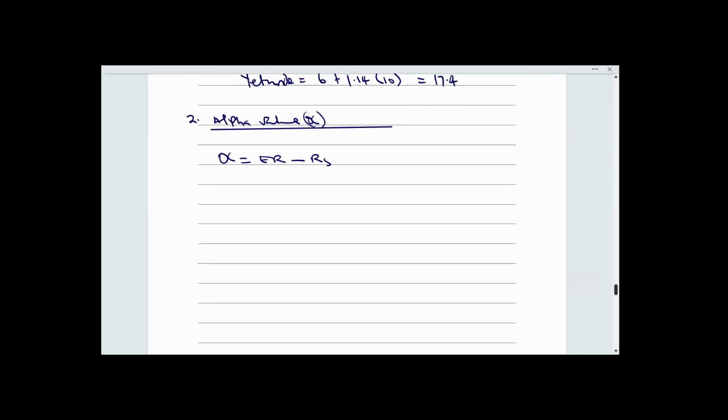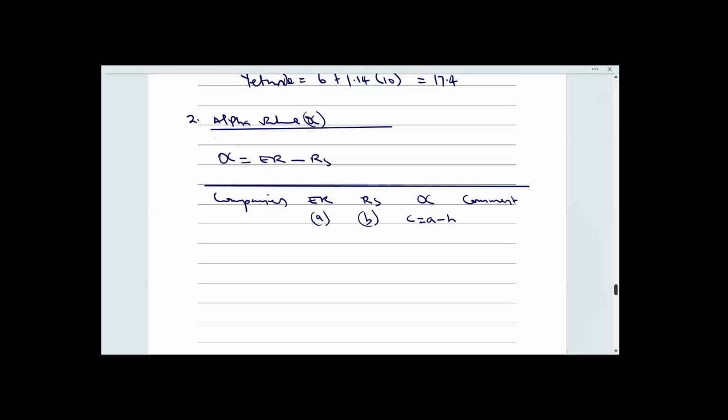So I'll create a column for companies, another column for expected return, required return, alpha, then comments. It's not compulsory that you must put comments, but at times it will guide you when you are making your recommendation. A minus B. So we have Tomiwa, Pascal, Binta, Yetunde.